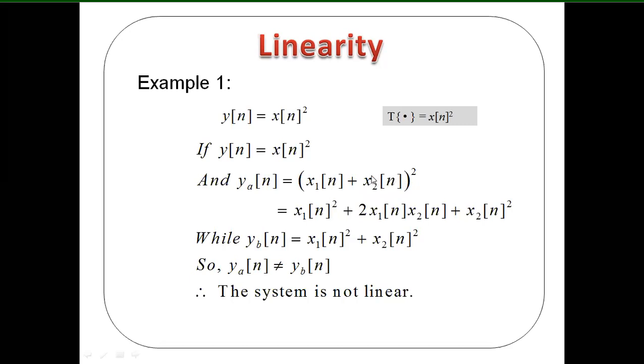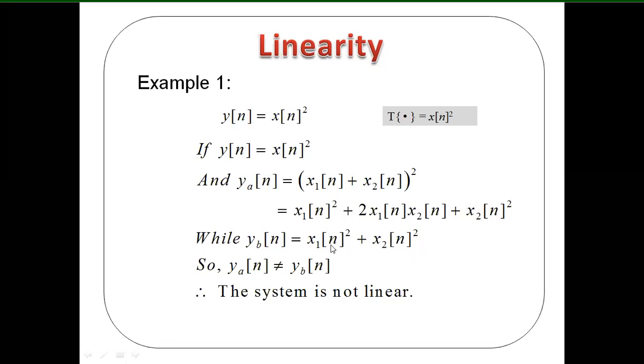So the first output is x1 squared of n plus 2 x1[n] x2[n] plus x2 squared of n. Whereas if we consider the second method, where we consider the responses to the inputs separately, the second output is x1 squared of n plus x2 squared of n.